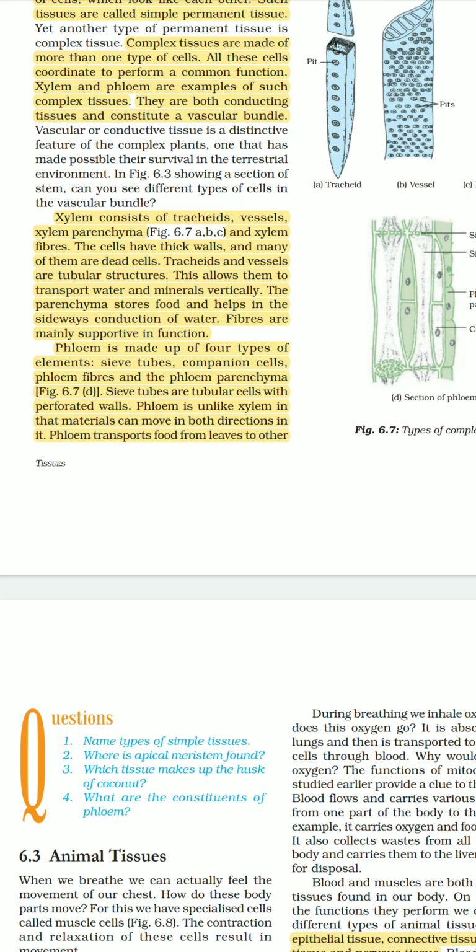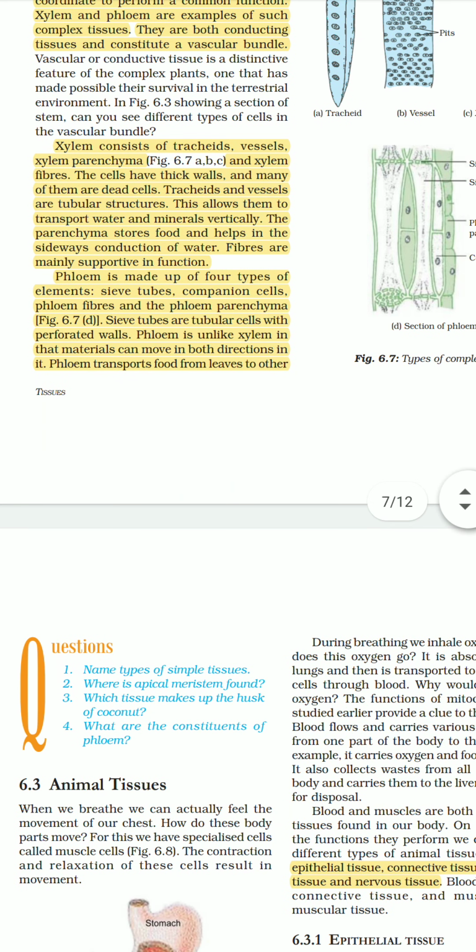And again the same function: phloem parenchyma, because it is a parenchymatous cell, again helps in the storage of food. Sieve tubes, companion cells and phloem fibers. Phloem fibers again provide support to the plant, and companion cells and sieve tubes are mainly responsible for the transportation of food. And where is the food made by the plant?